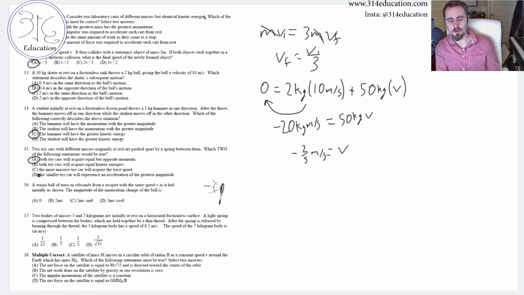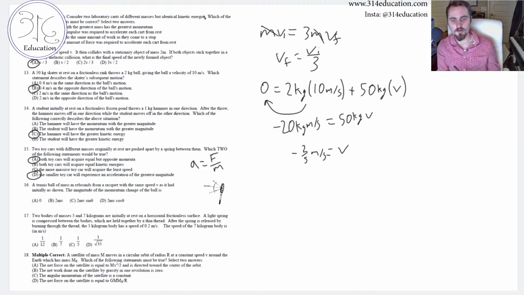The smaller toy car, the one with less mass, will experience a greater acceleration. That is going to be true because they experience the same force, but remember, our acceleration is inversely proportional to mass. So if force remains the same, but our mass gets smaller, the acceleration is going to increase.